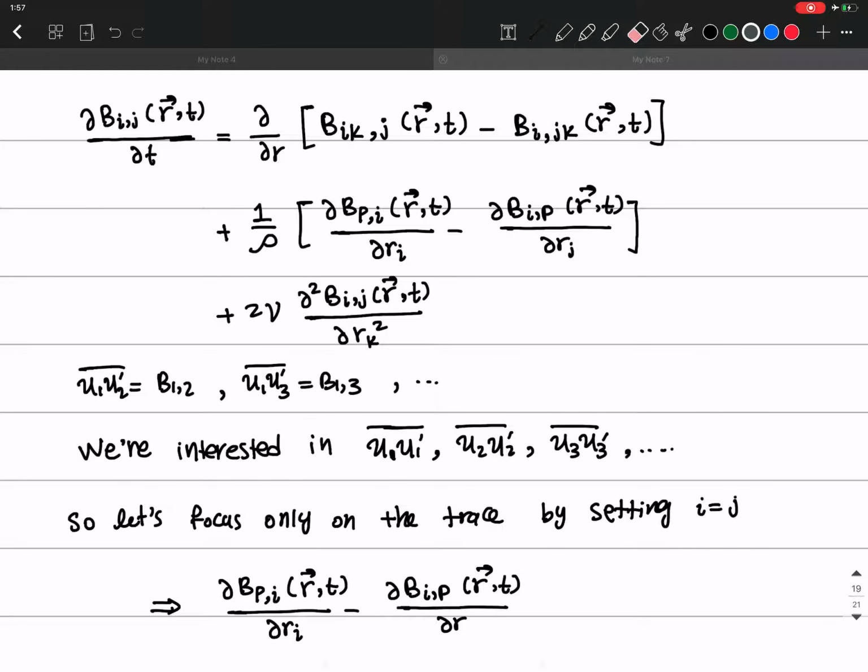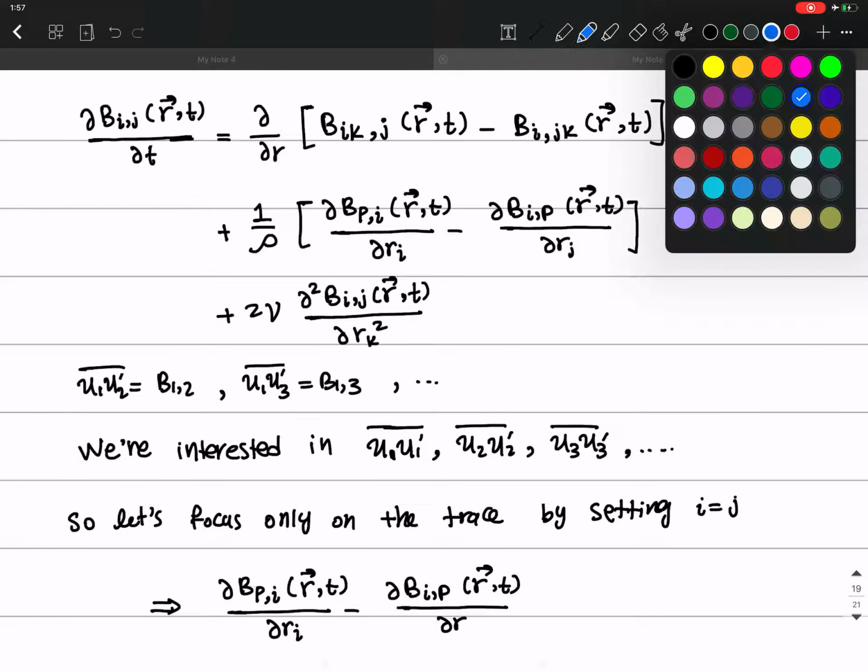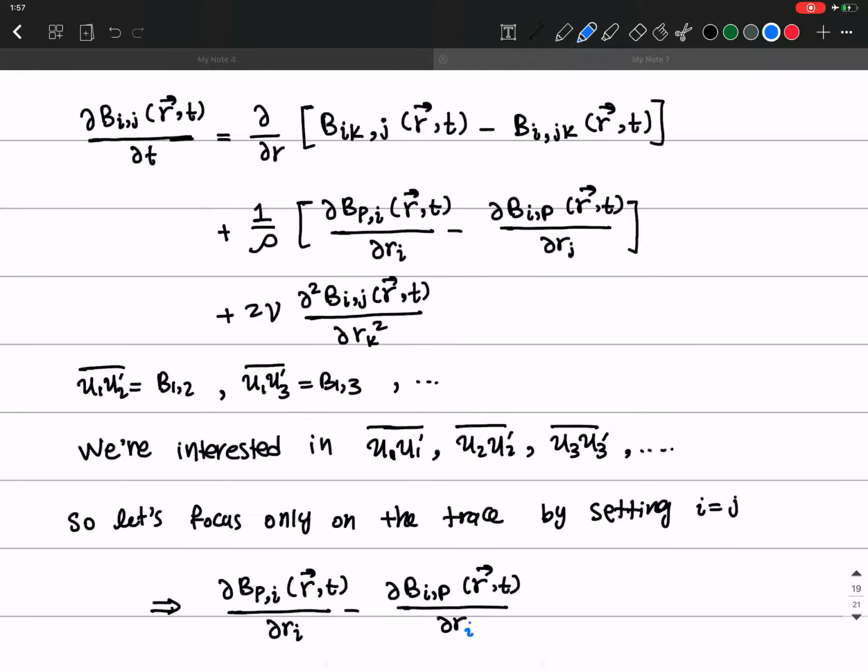If we set i equals to j, the second term here we had R_j, so it's going to be R_i, and then everything here is going to cancel out. One thing, I think here I need to write this as j.